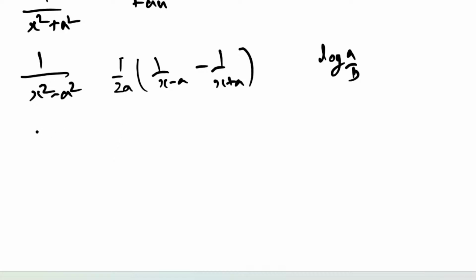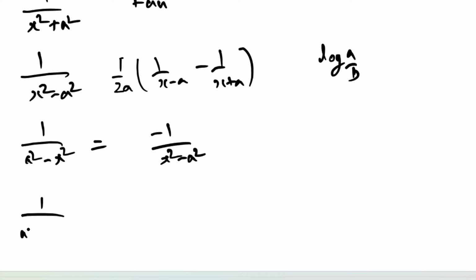The opposite of this is 1 by a square minus x square. This we'll rewrite as minus 1 by x square minus a square, and we are done. And if you get negative, 1 by minus a square minus x square, we'll still write it as minus 1 by a square plus x square, which is nothing but, again, tan inverse.